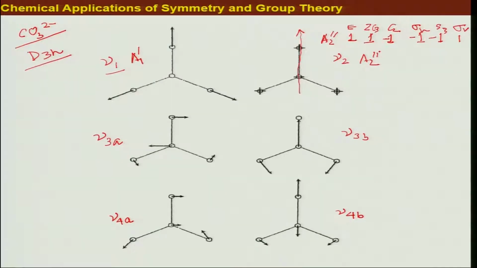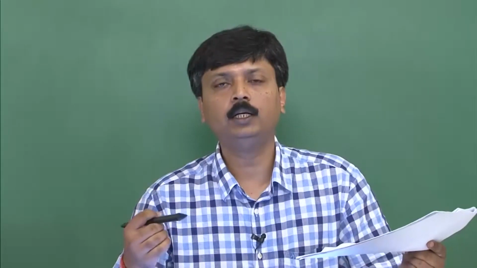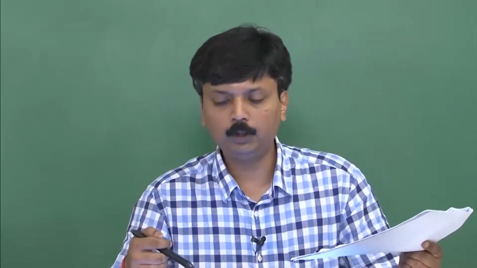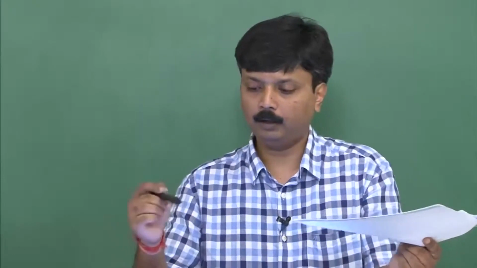So in this way we can keep going on. So here, this nu 3a and the structure corresponding to nu 3b, they actually form the basis for the irreducible representation E prime together. So that can be shown, and we will show that real quick shortly.